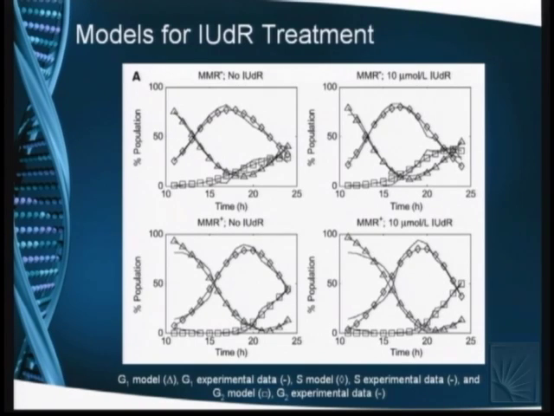You can see that the models captured the trend in the experimental data pretty well. We have applied these models to deficient cells with no treatment, proficient cells with no treatment, and then deficient and proficient cells under IUDR treatment conditions.